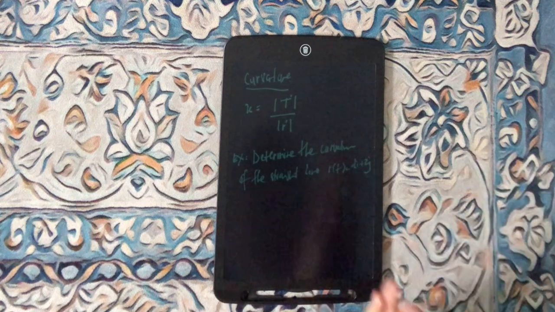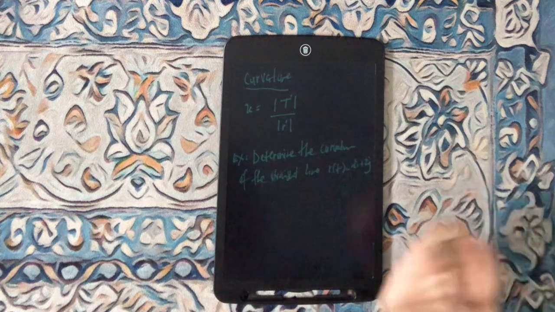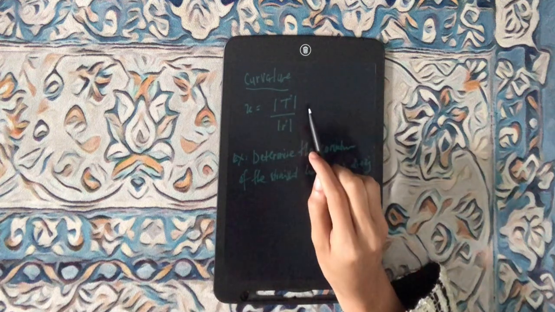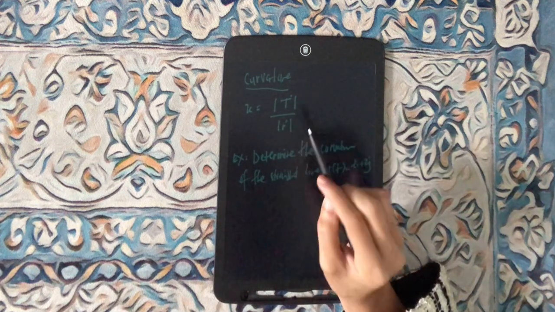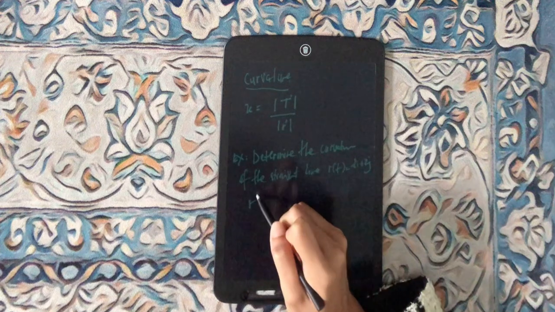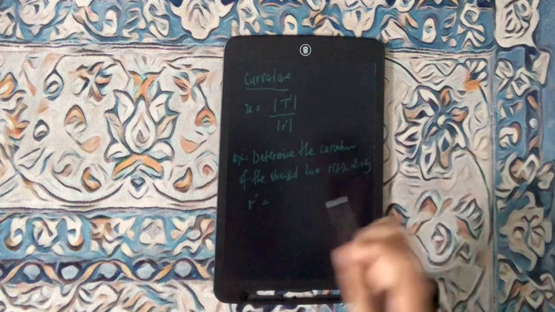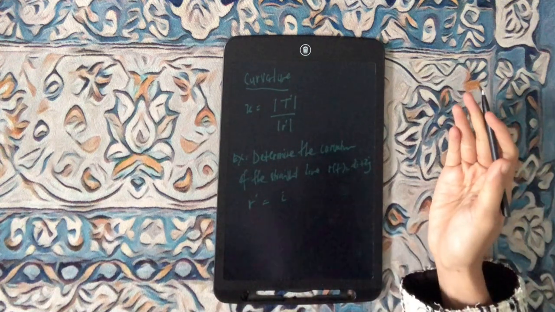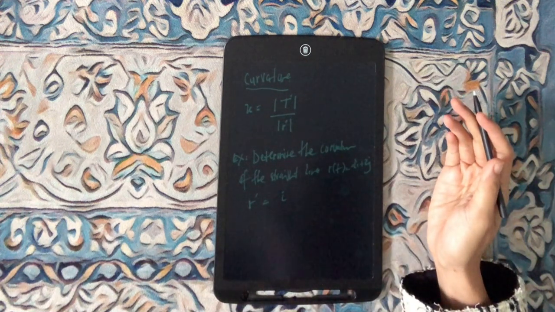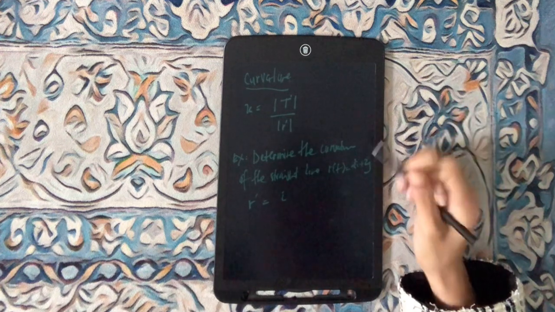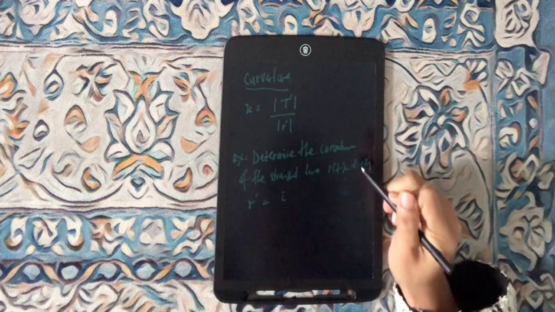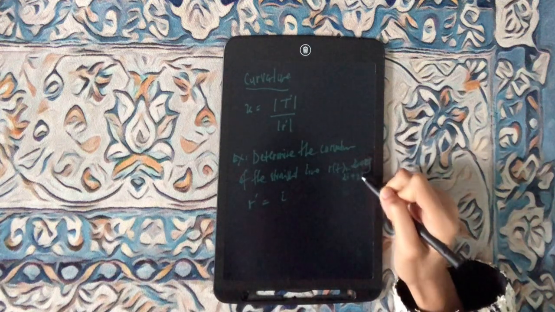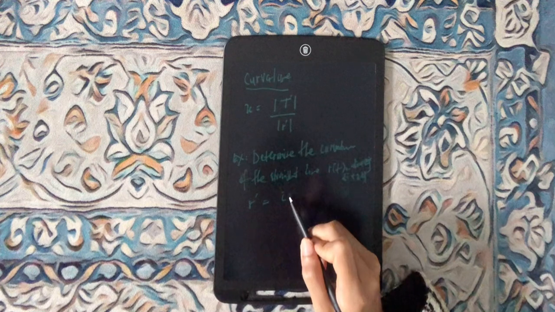But I will show you how to calculate. The question asks you to find the curvature, so this is the formula you need to use. You need to find your r prime first. Sorry, this is 2t j. So r(t) equals t i plus 2t j, which means your r prime will be i plus 2j.